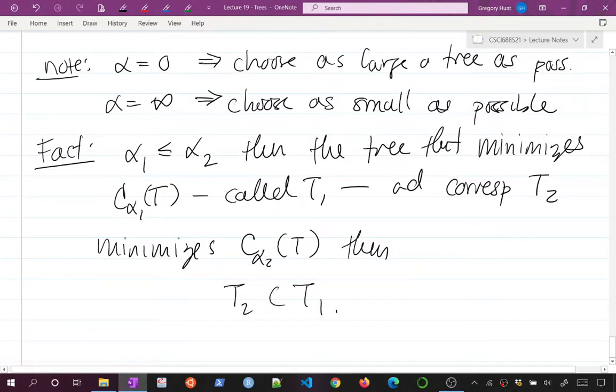So what this means is that the optimal trees over values of alpha are nested, right?